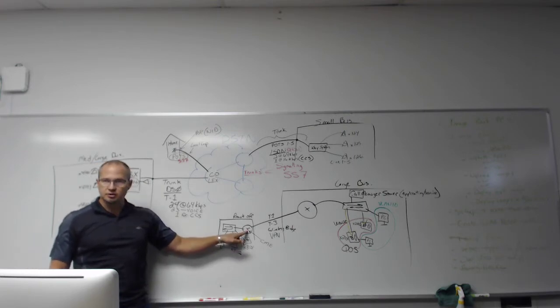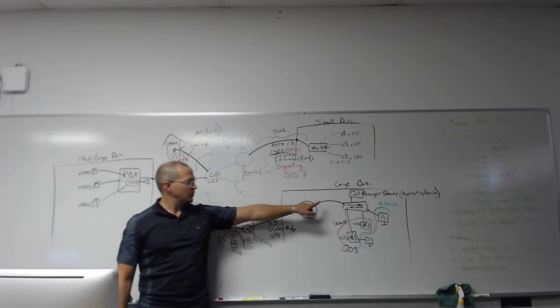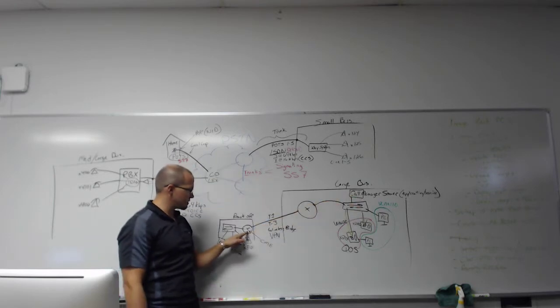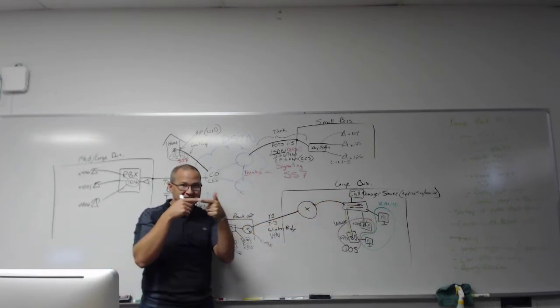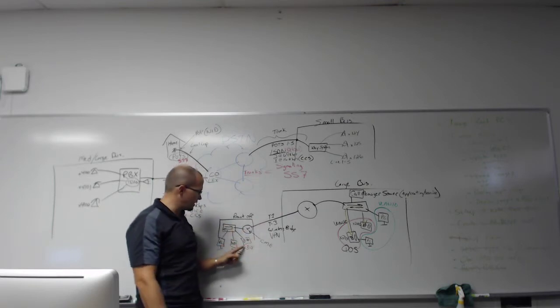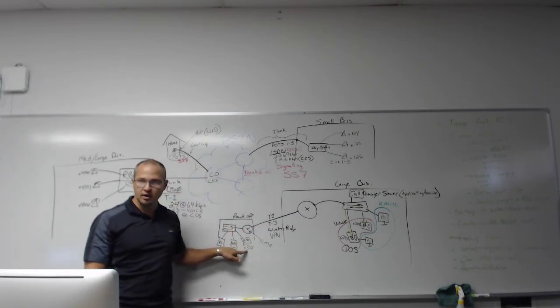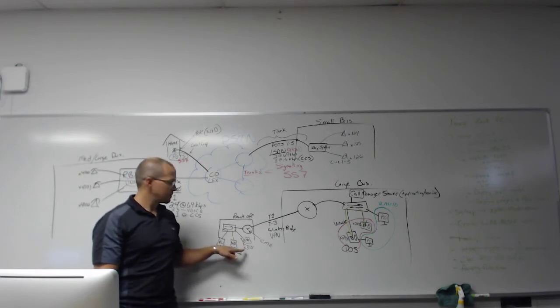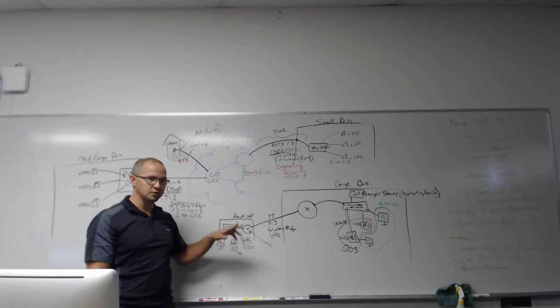This call manager, this router, is registered with this call manager. So this call manager and this call manager know that each other exists. And just like routing protocols, they identify, I have extensions that start with 3. So they go, I have a bunch of phones over here with extension 3: 3101, 3102, and so forth.